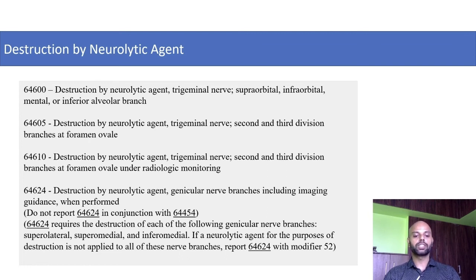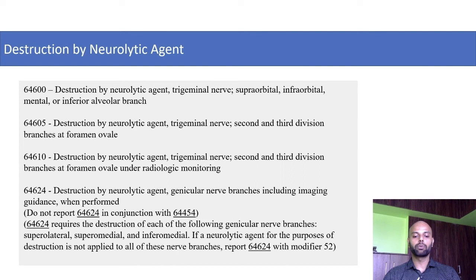CPT 64624 is for genicular nerve branches including imaging guidance when performed. And do not report CPT 64624 in conjunction with 64454. 64624 requires the destruction of each of the following genicular nerve branches.